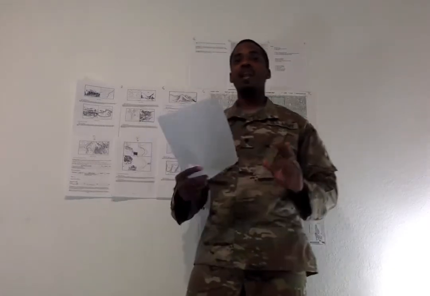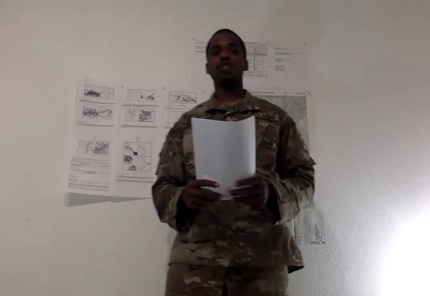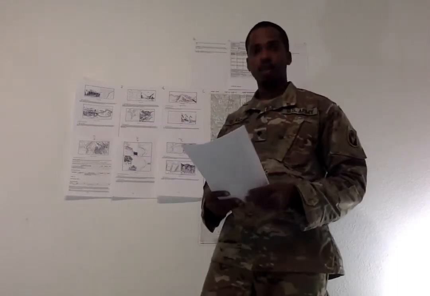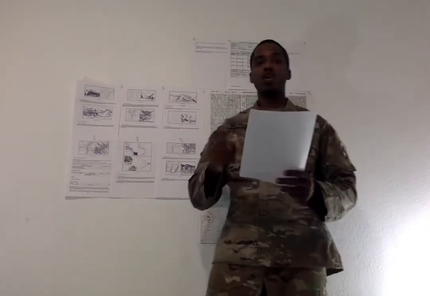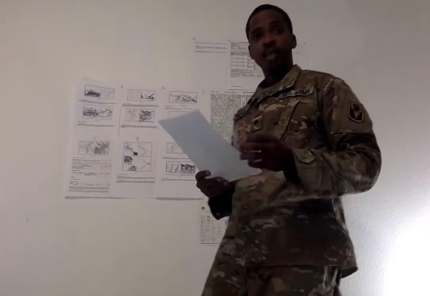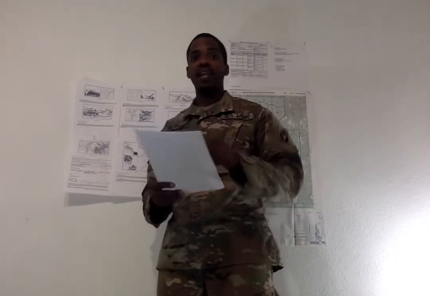Now we go on to our last major terrain feature, which is called depression. Depression is a sinkhole or low point in the ground. It is surrounded by high ground in all directions.